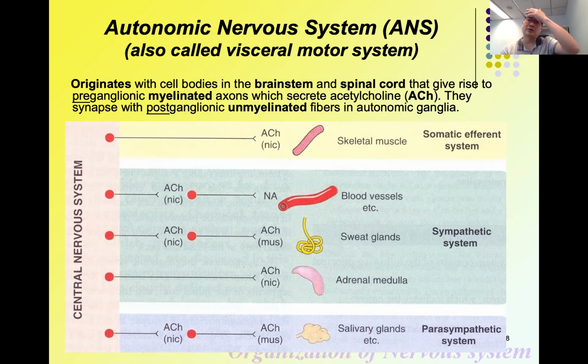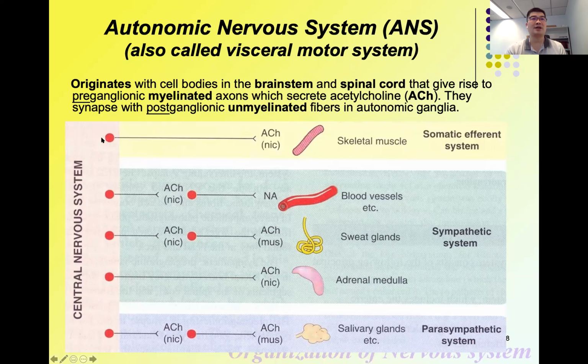We will slowly go through those. The sympathetic and parasympathetic systems, the so-called autonomic nervous system, come out from the central nervous system. Here is an example.